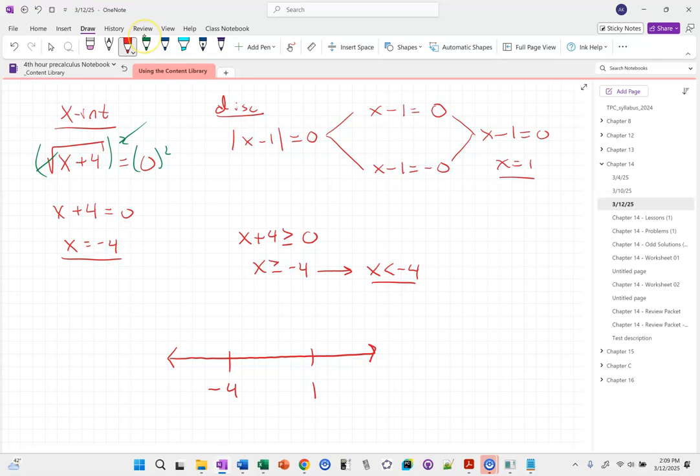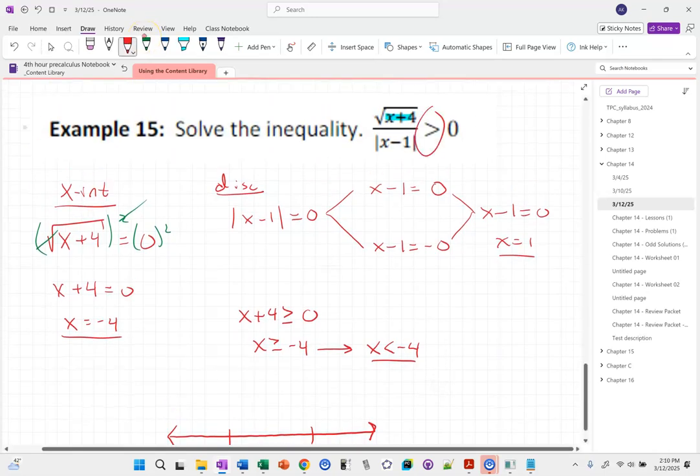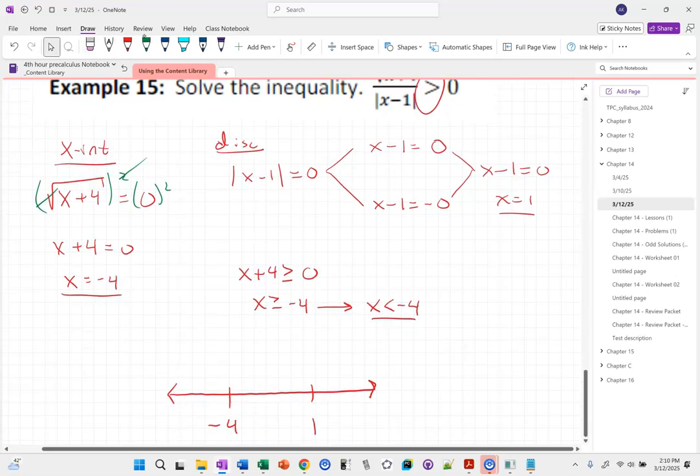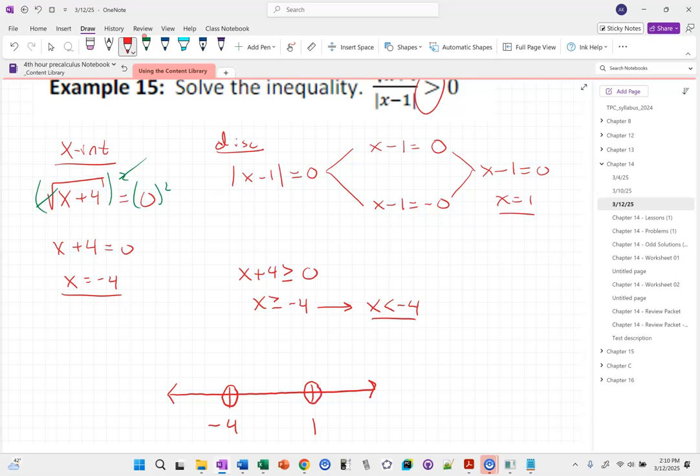Now, because this is a strict inequality, I know I'm just going to be using open circles for both my zeros and my discontinuities. Because x can't be less than negative 4, I don't even need to pick a test value from that region. Just, there are no answers in there, period. No bother, no reason to test it.